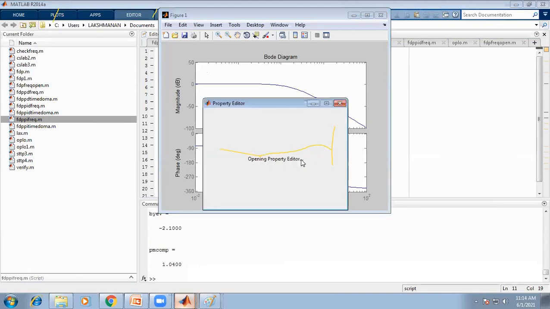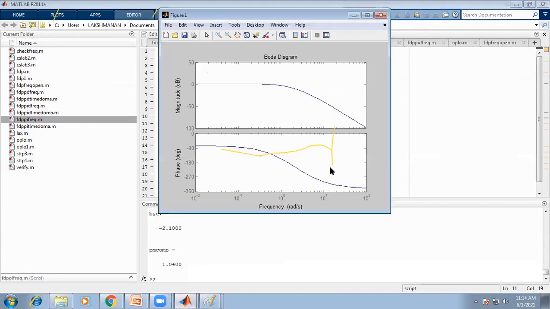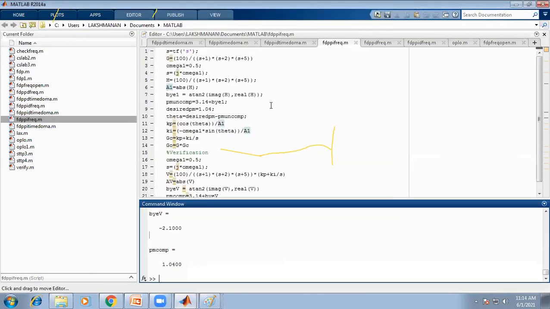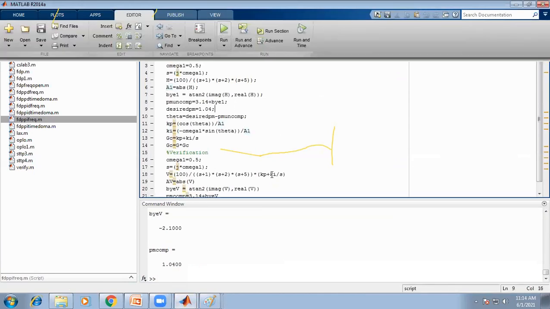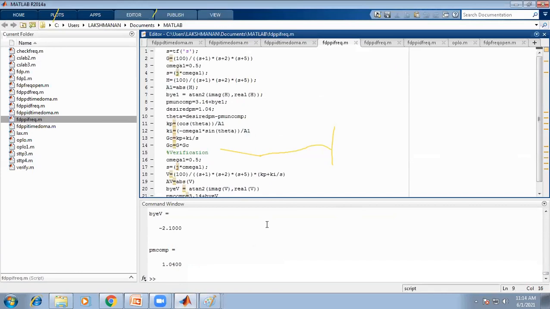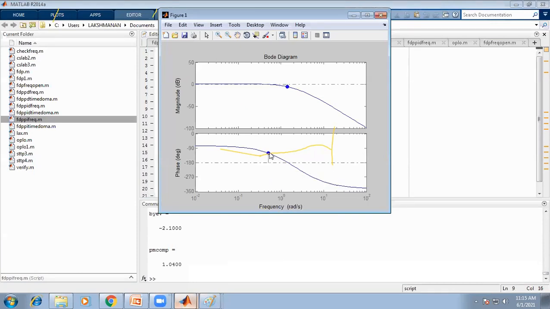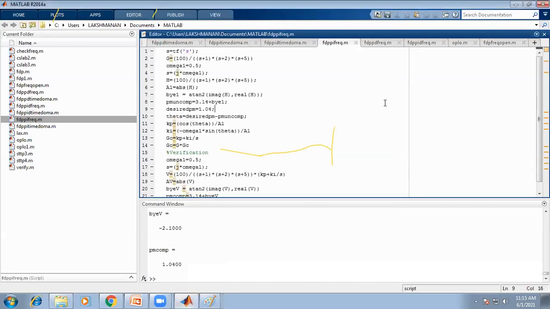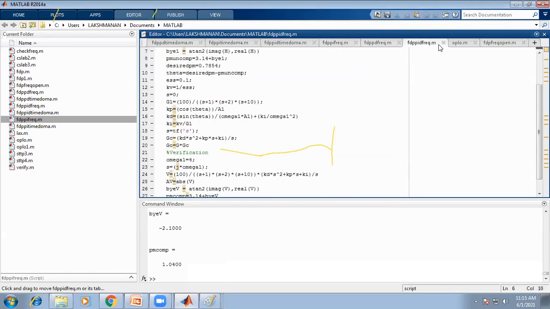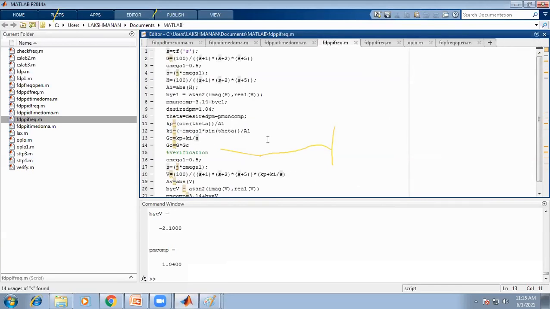So now once again something is wrong. Well, this is a different program. PI, sorry, this PID, yeah, is there.